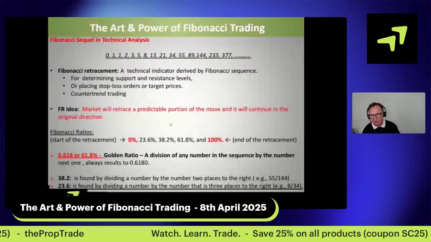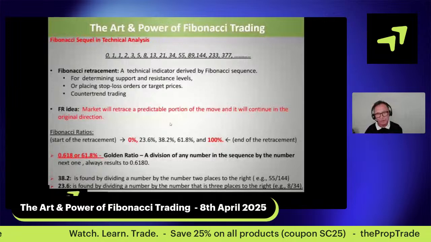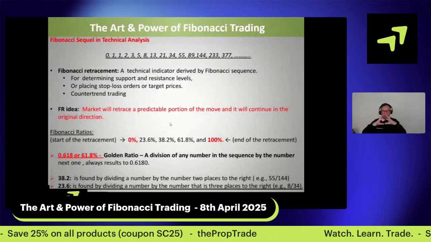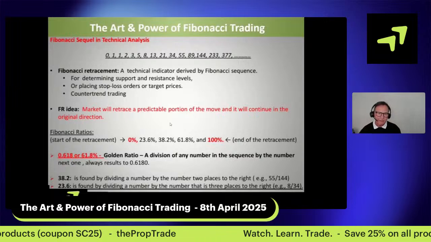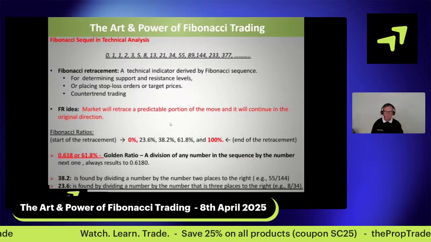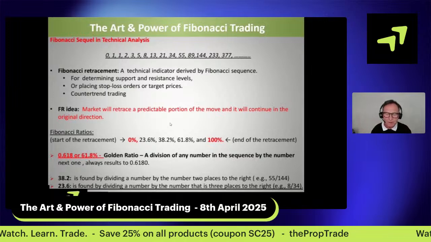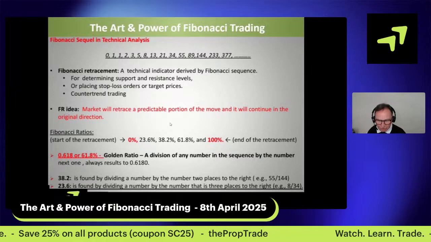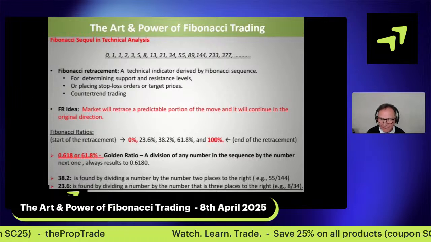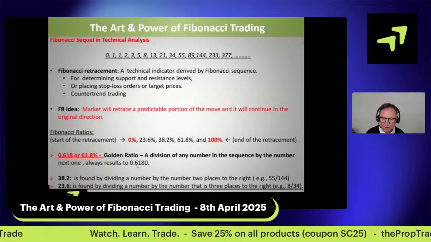As we saw in the designs, the Apple logo, the Mona Lisa, the hurricane, the sunflower seeds. The golden ratio is the division of any number in the sequence by the number next to it, which gives you this 0.618.